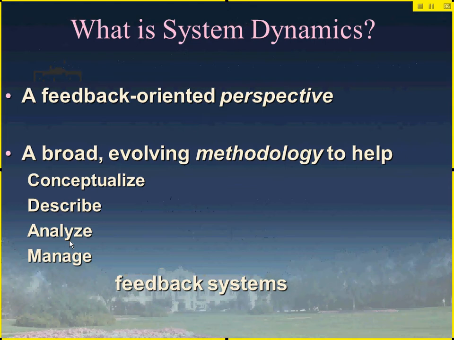It involves common use of a set of modeling specification mechanisms that have to do with what we call stock and flow modeling or causal loop diagrams. But it's also a perspective on the way processes operate in the world that draws particular attention to the phenomena of feedback and of accumulation processes.